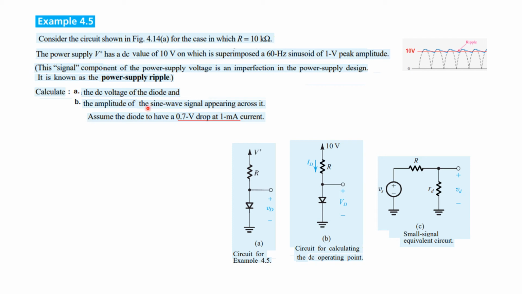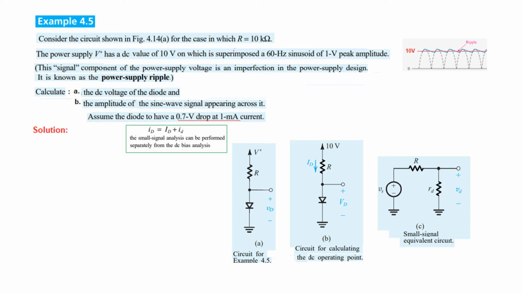Okay, so this is where we're going to emphasize this knowledge here, that we can calculate separately for the DC and calculate separately for the AC. Now if you look at the circuit, this is the overall circuit. This circuit is for DC and this circuit is for AC.